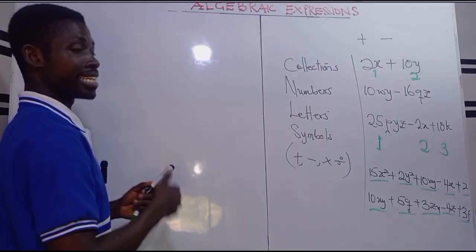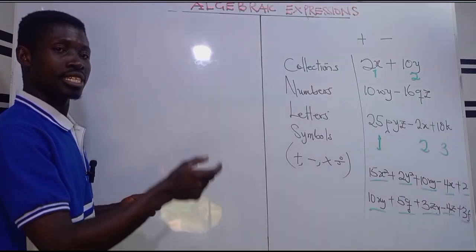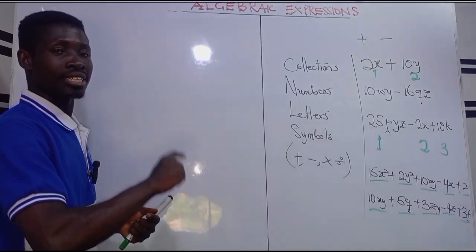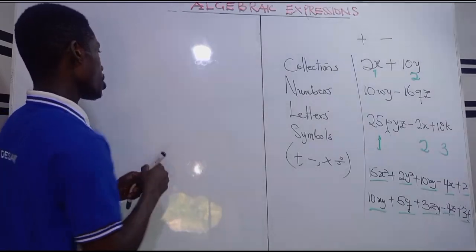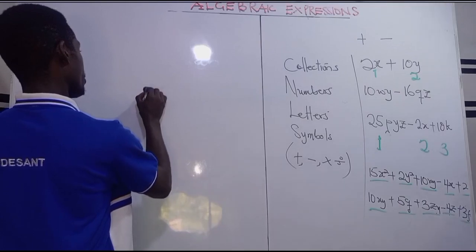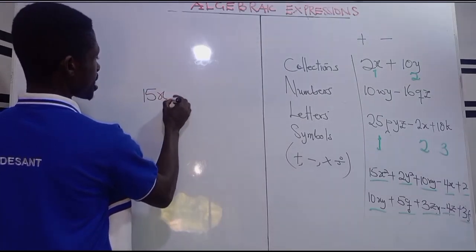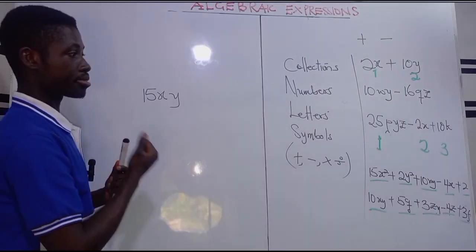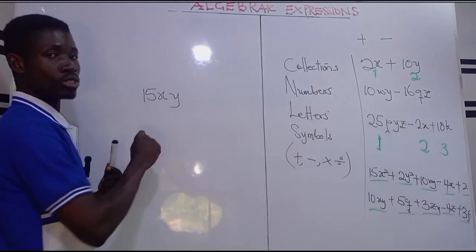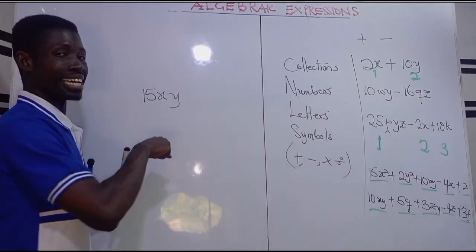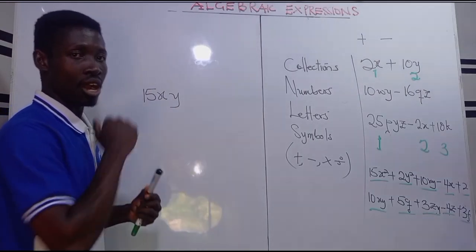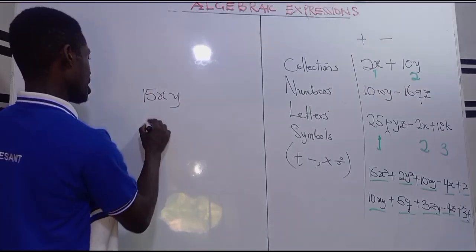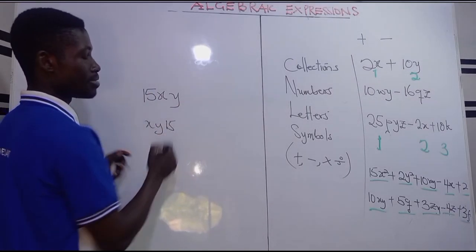So, in a term in algebraic expression, numbers come first, followed by letters in alphabetical order. So when you have, let's say, 15xy, now this is a term in an algebraic expression. The number must always come first, followed by the letters in alphabetical order. So we can say 15xy, but not xy15.